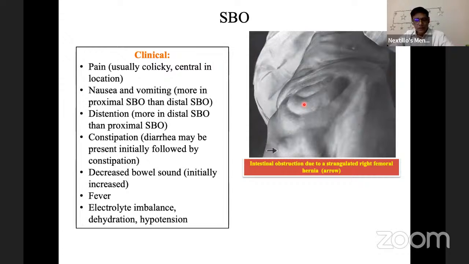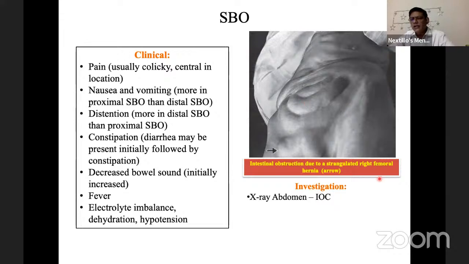Fine. So now when this person has presented to us, what should we do, and how do we confirm the diagnosis and investigate the patient? The investigations. By far, the most common initial investigation done for a suspected obstruction is the X-ray abdomen.